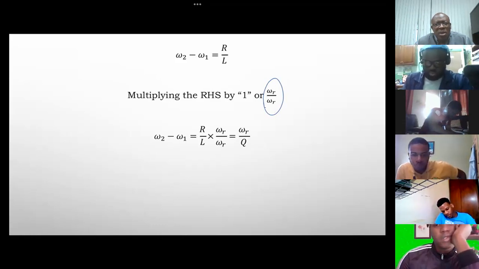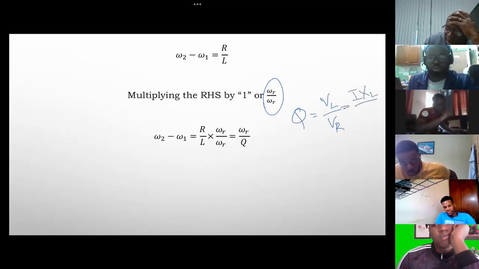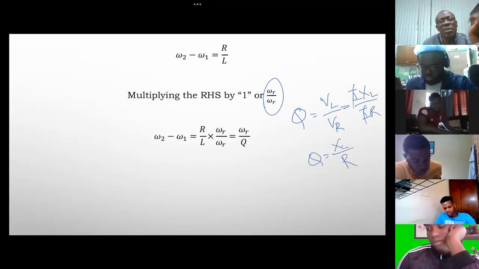But recall, we just stated that Q was equal to what? VL over VR, which was I XL over I R. The I's cancel. So you're left with Q being equal to XL over R. And Q is occurring at resonance, no?